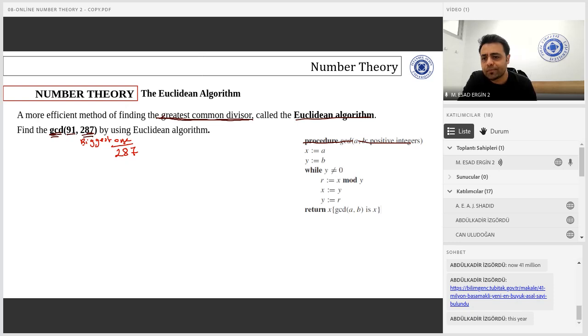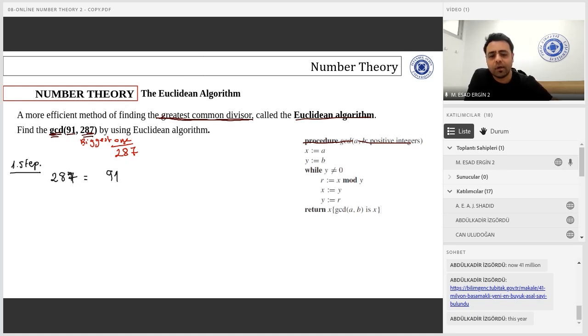At first step, it will be 287. We are going to find the greatest common divisor between these two numbers, and check how many times we have 91 inside of the 287.